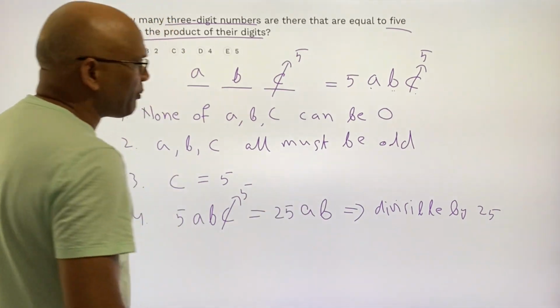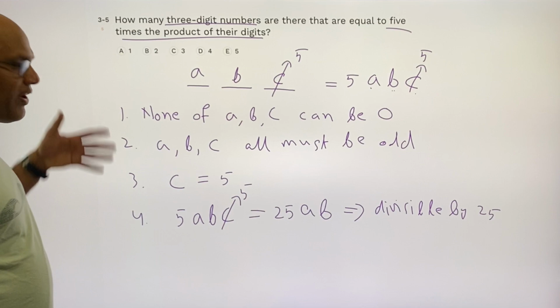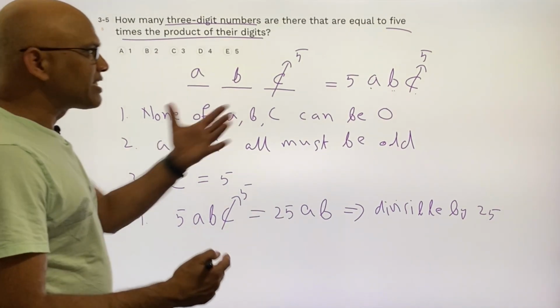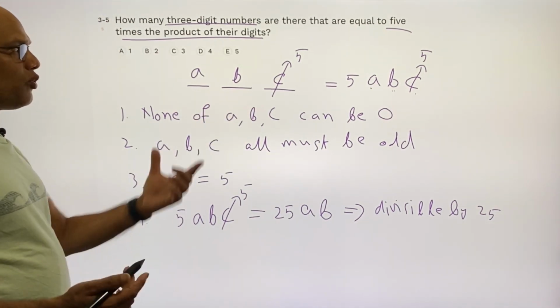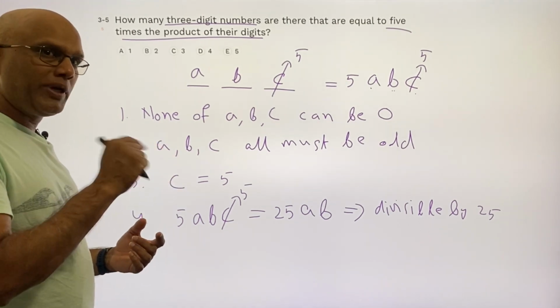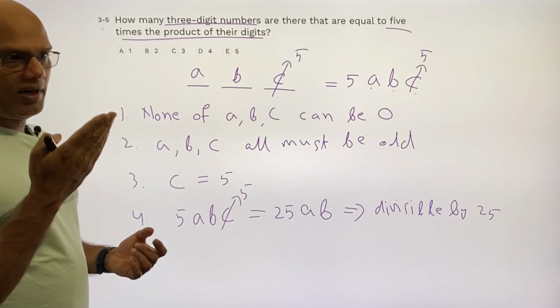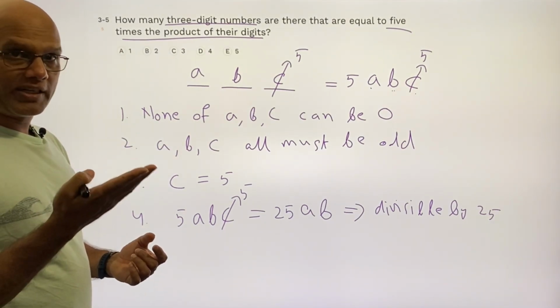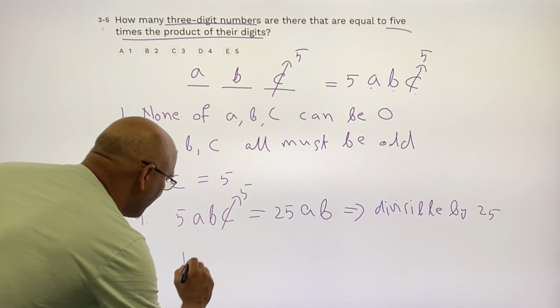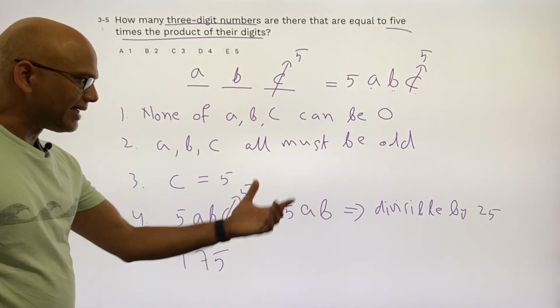So let's write down all the 3-digit numbers that satisfy these 4 conditions. We can start from 100. 100 is not going to work because it has zeros. Similarly, 125 is not going to work because 2 is an even number. 150 is not going to work because 0 is not allowed. Then 175, and 200 is not going to work, it has a 0.